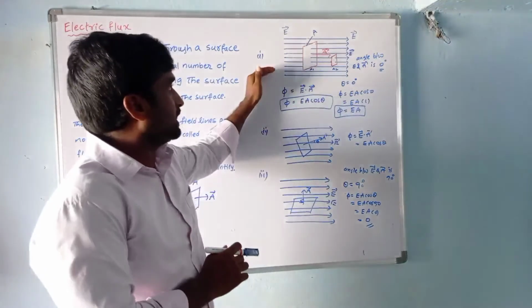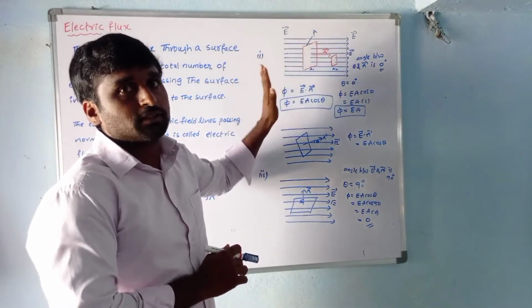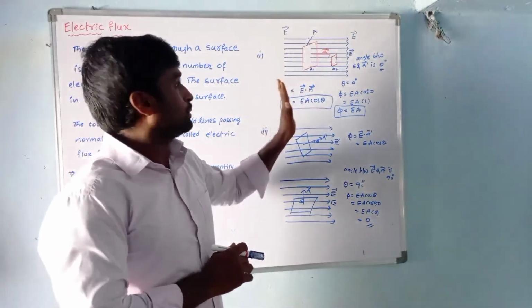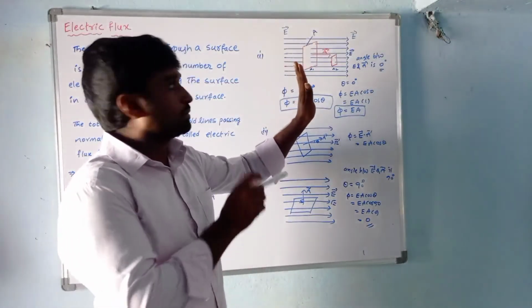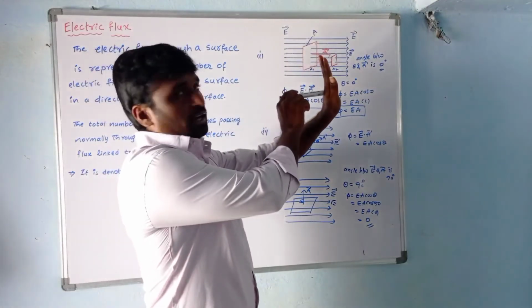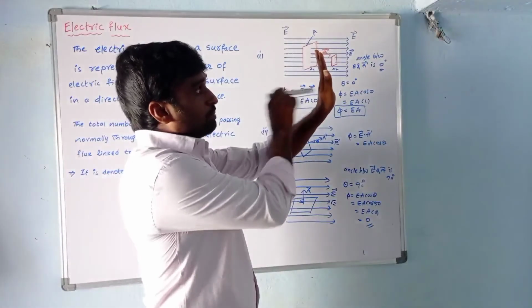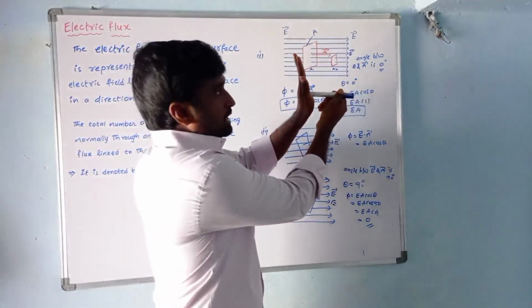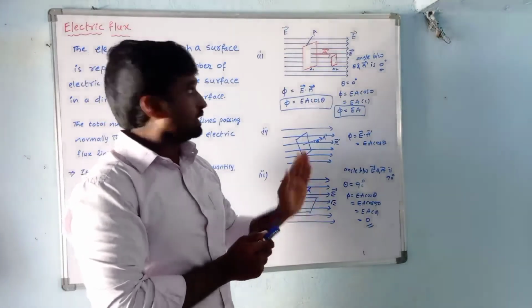In the first case we will get more electric flux. That means when we take a plane surface perpendicular to the electric field lines, the area vector is parallel to the electric field lines. One thing to remember here.